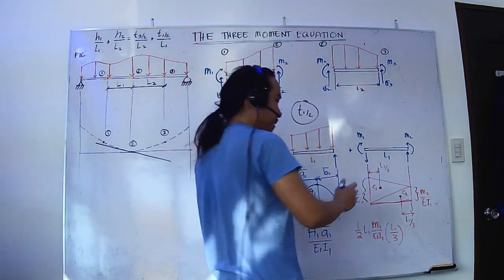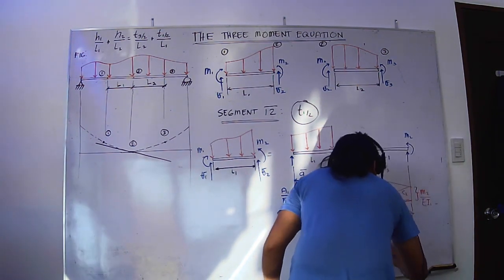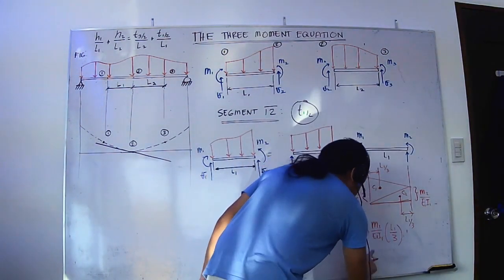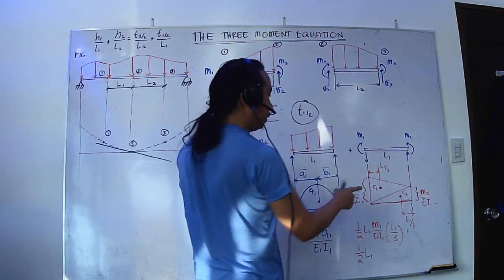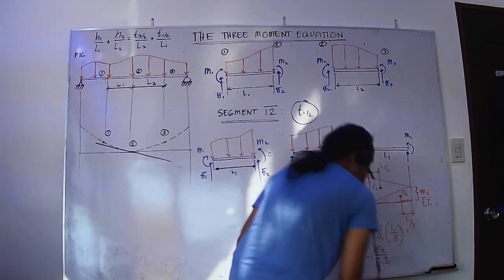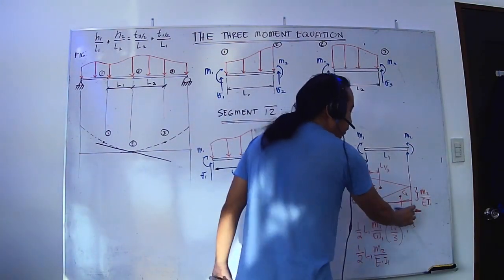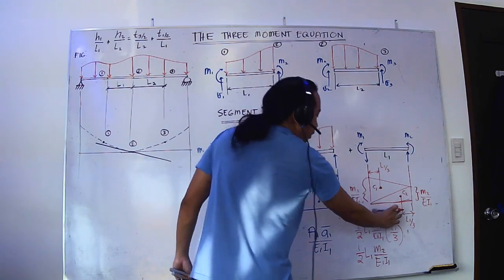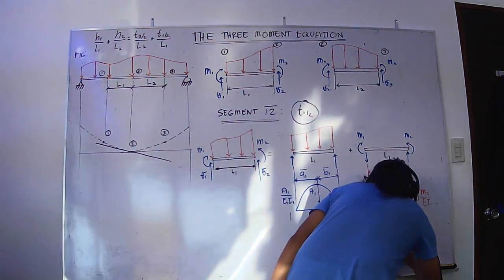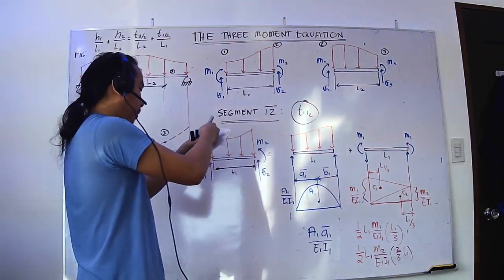How about this second area? 1/2 times the base L1, and the height is equal to M2 over E1 I1, multiplied by the distance, which is L1 over 3 for its centroid. But it's easy to compute: if this is 1/3, then this must be 2/3. I just hope you get it. 2/3 L1. So we have those terms over there.